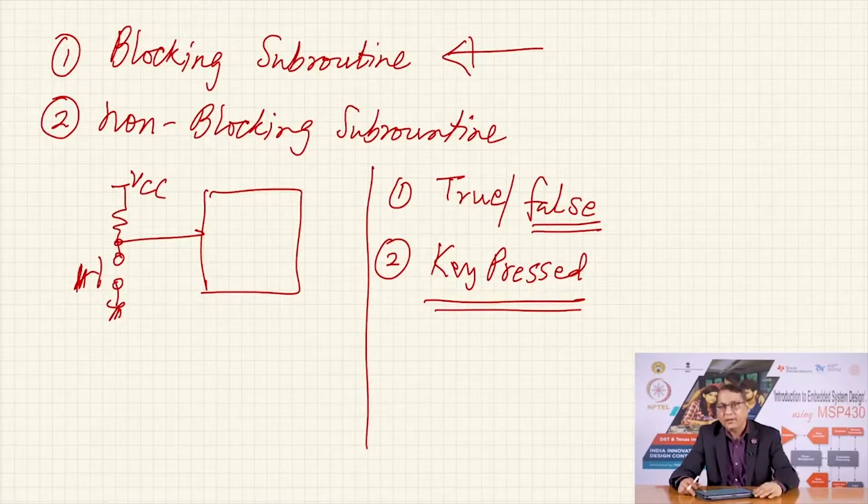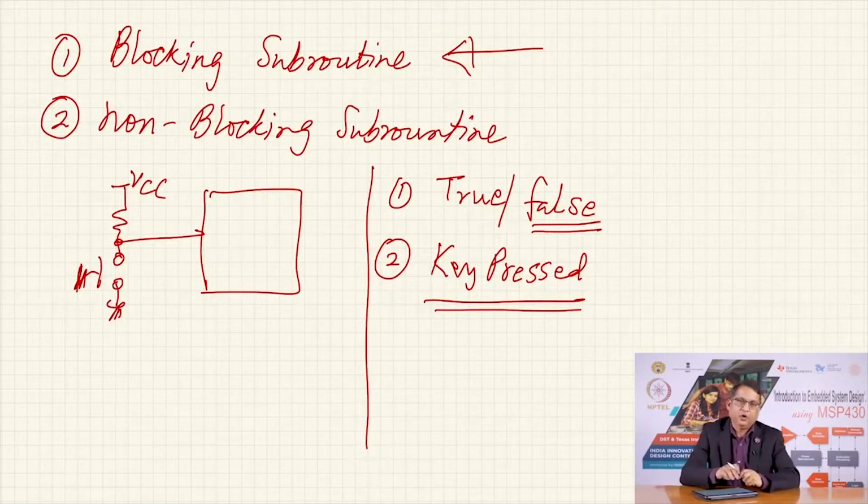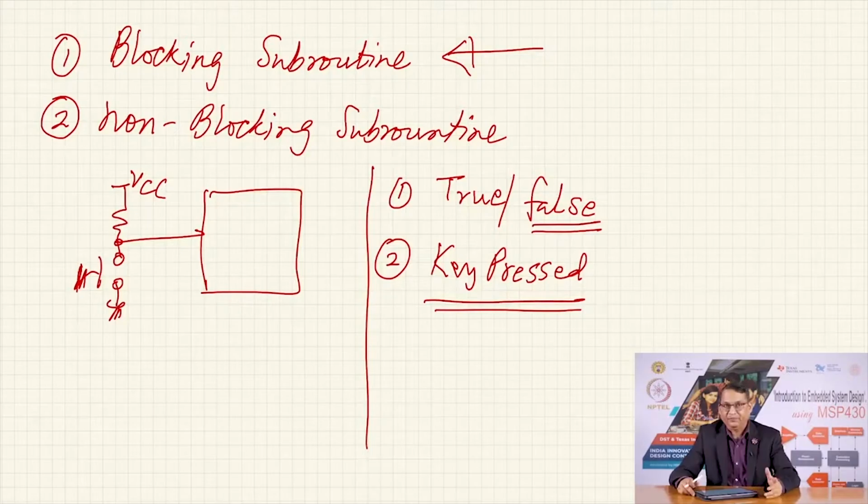But what actually happens, if you have seen an ATM machine in operation, if you insert your card and you do not enter the PIN number for some time, the machine simply ejects your card saying timeout, which indicates to you that the embedded designer who designed ATM machines was a smart fellow.